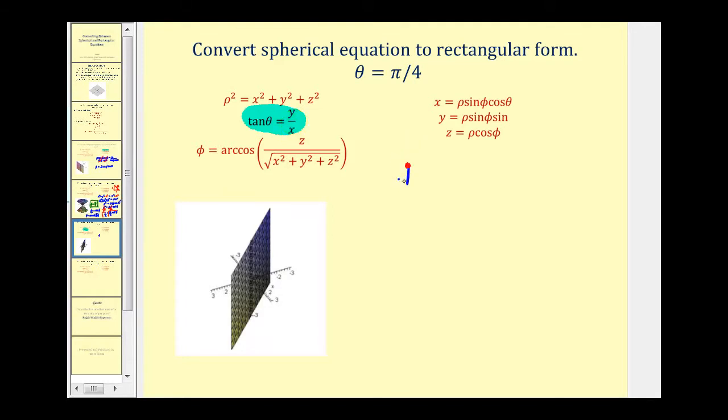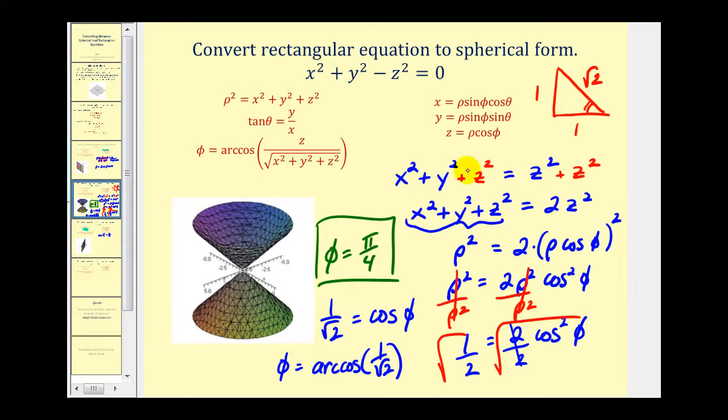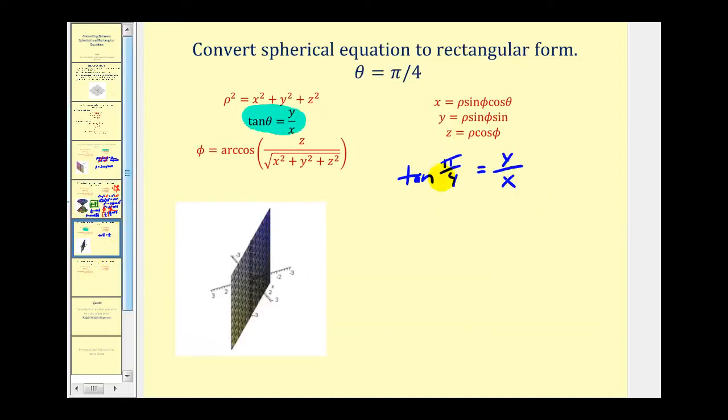We would have tangent theta, which is equal to pi over 4. So tangent pi over 4 is equal to y over x. Well, going back to our previous example, tangent of pi over 4 would just be 1 over 1, or just 1. But let's go ahead and write it as 1 over 1. So we have 1 over 1 is equal to y over x.